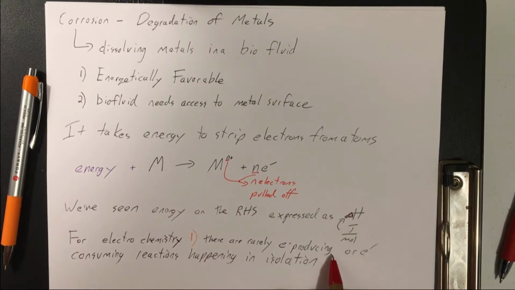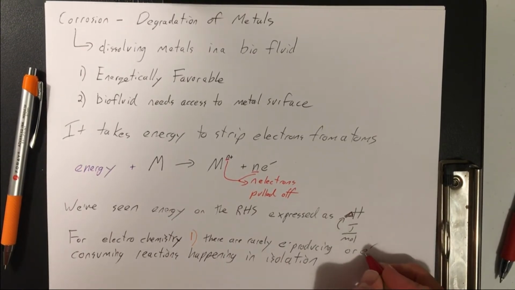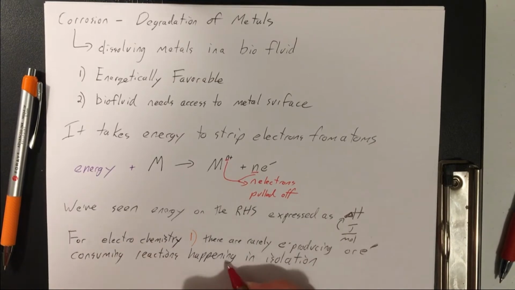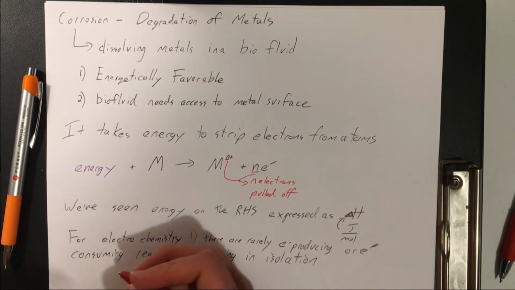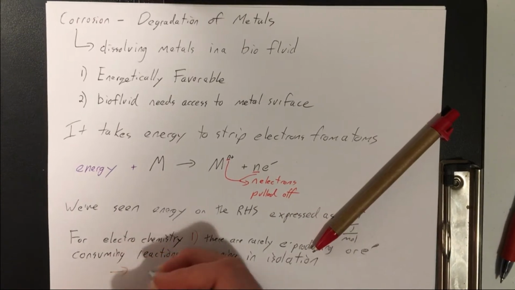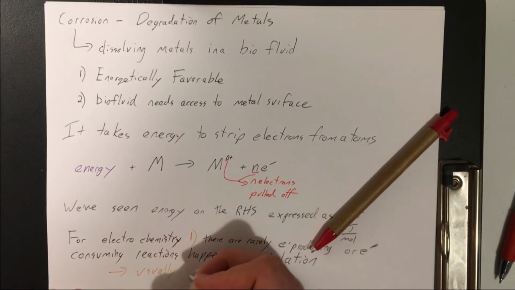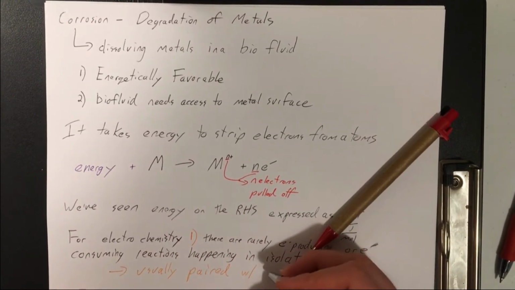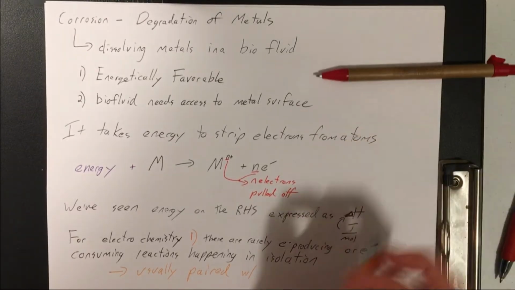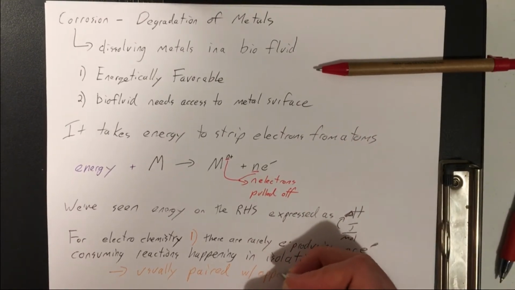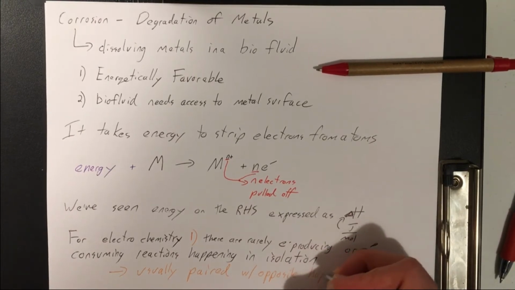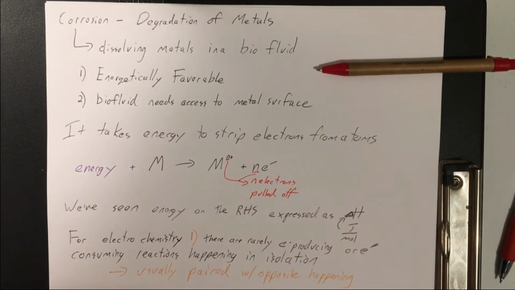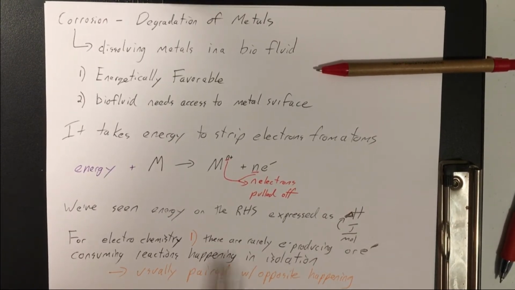So electron producing or electron consuming reactions rarely happen in isolation; they're usually paired with the opposite thing happening. If there's an electron producing reaction, it's usually paired with an electron consuming reaction such that there are no net electrons.